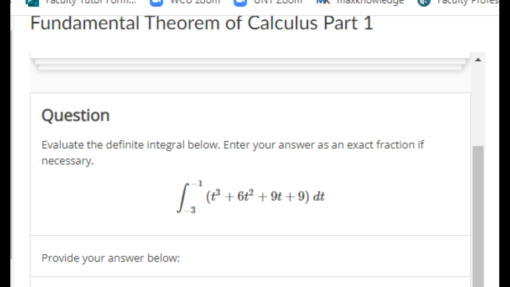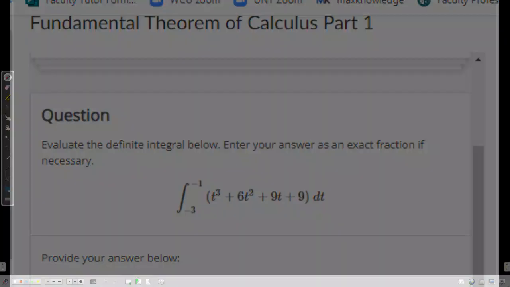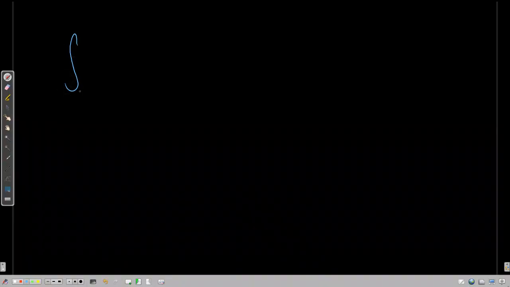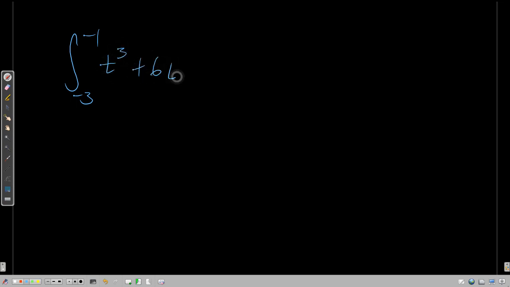Here we have another definite integral. It is from minus 3 to minus 1 of the function t cubed plus 6t squared plus 9t plus 9 dt.